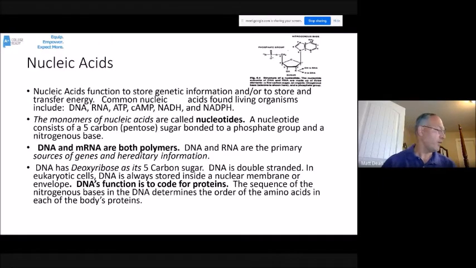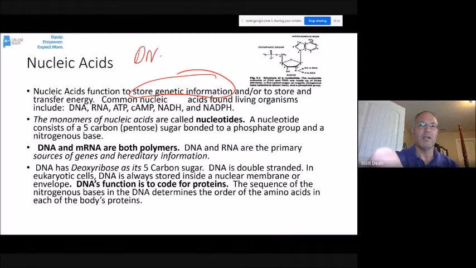All right, the final thing we're going to talk about today are nucleic acids. Nucleic acids are the 4th group of macromolecules. They're also maybe the most varied in terms of their structure and their functions. Some nucleic acids are used to store genetic information. Here we're talking about DNA and RNA. Others are used to store and/or transfer energy.